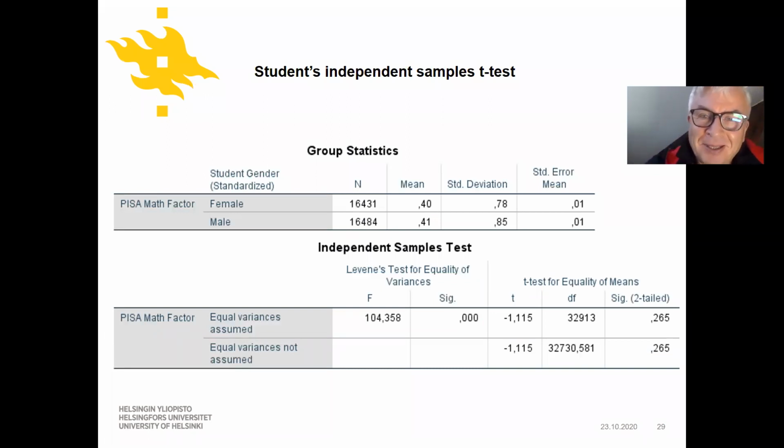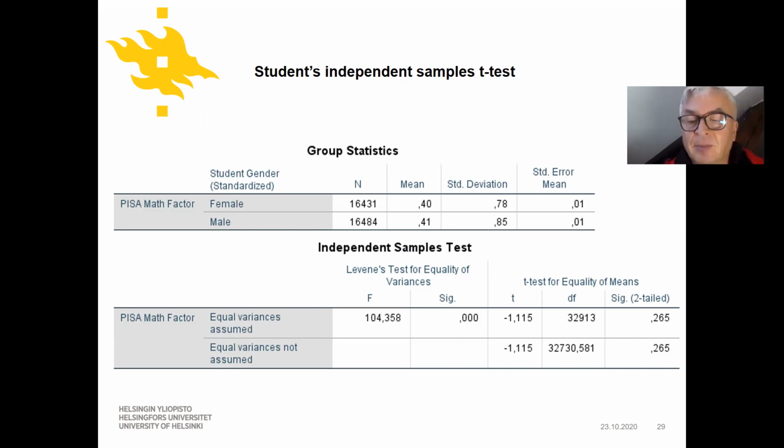Student's independent samples t-test. Independent samples like boys and girls, or people from your experimental group and your control group, or whatever. This kind of groups that don't have anything to do with each other in the sense that you can't belong to both. Well, with gender, you are not so sure about that anymore, but that's a different story.